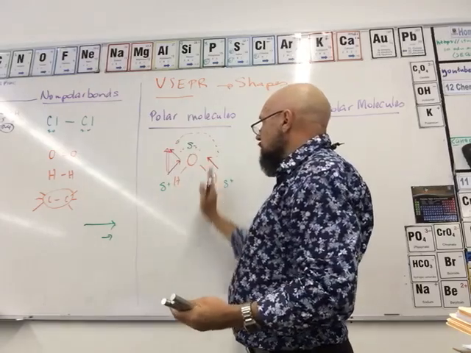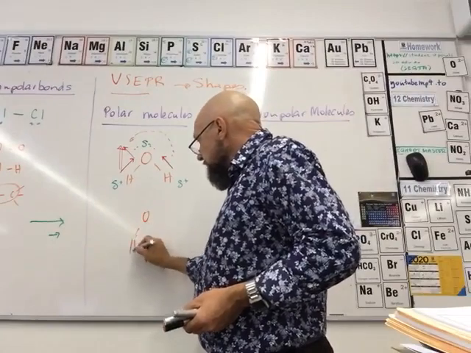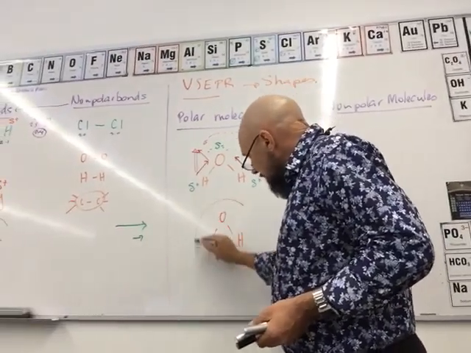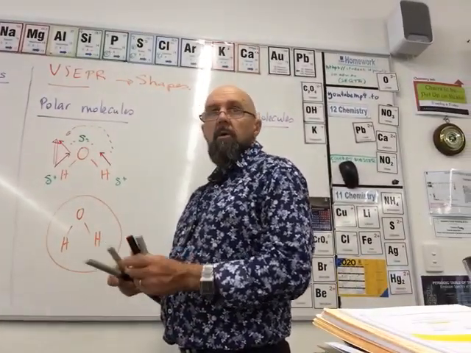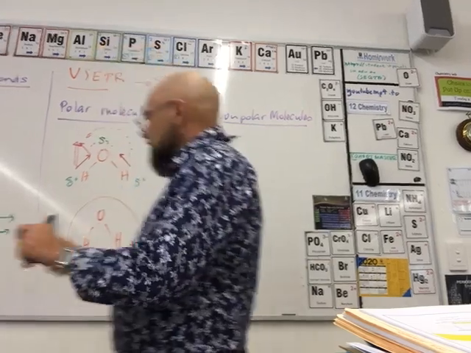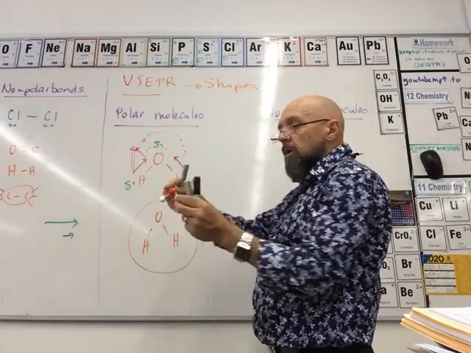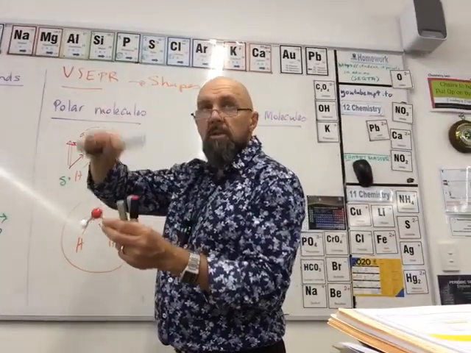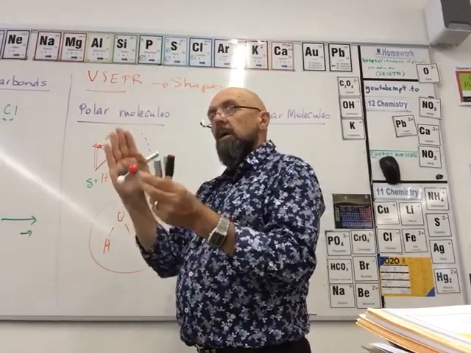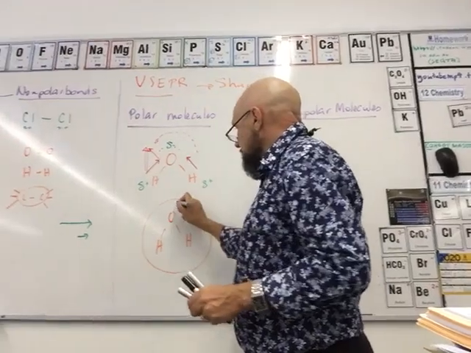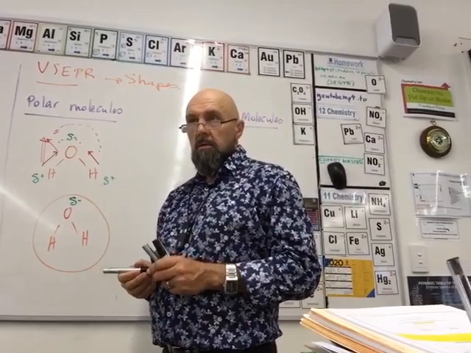So now, the overall polarity of the molecule: if I redraw the molecule down here, from the outside, what that is telling me is that at the top of the molecule, not that it's top or bottom because water is moving around, but depending on how I'm looking at the molecule, wherever I approach the molecule from the oxygen side, I am going to see a delta negative. It's going to be electron rich around the oxygen.